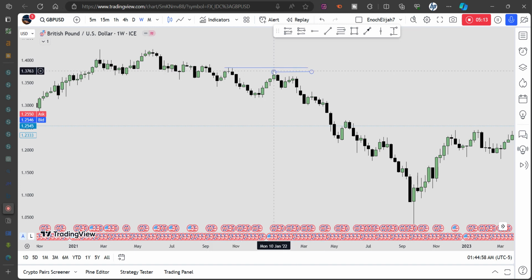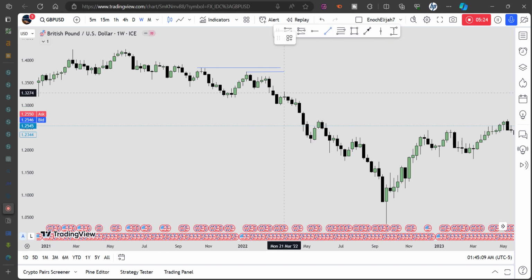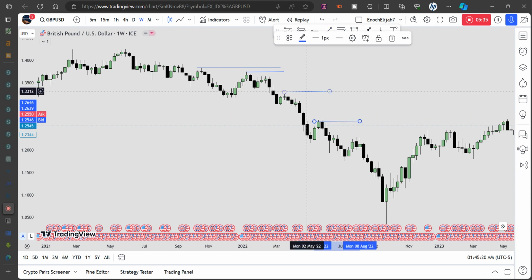There's a gap in between them. This high could not touch the previous one, and it could not take it out either. And then when you check again, this high is quite lower than this one too. And then this one is also lower than this previous one. So as price went lower, the latest high being produced by price is quite lower than the previous high. This is a classic bearish market.